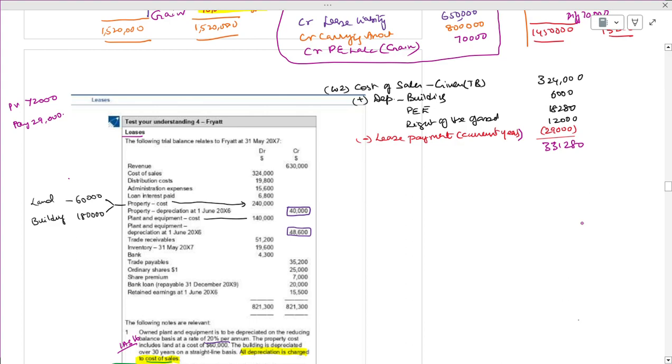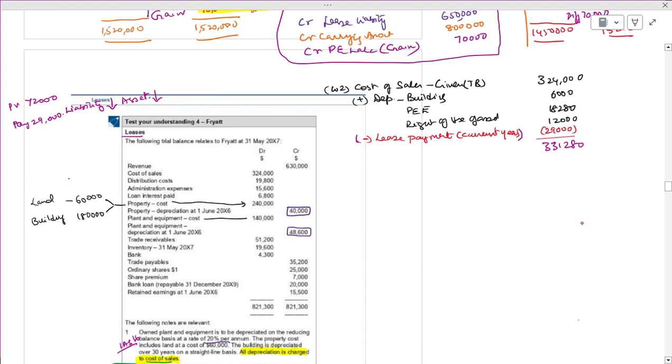The moment you pay 29,000, your liability will decrease, and your asset will also decrease. When your liability is decreasing through lease payments, it has to be deducted from the cost of sales.